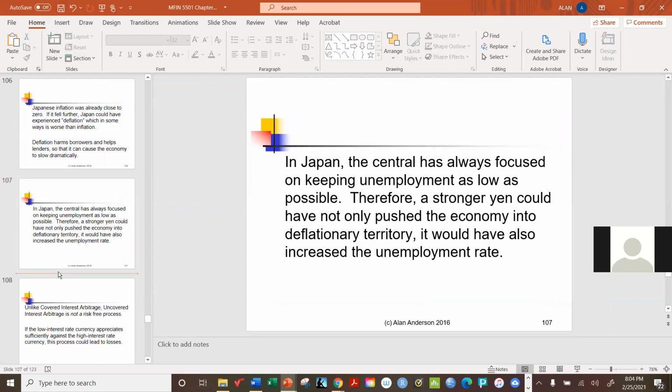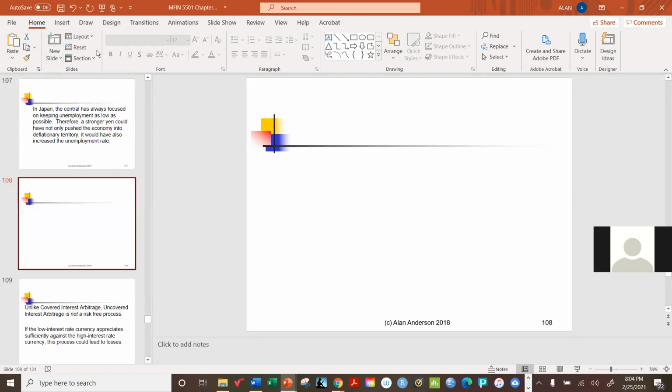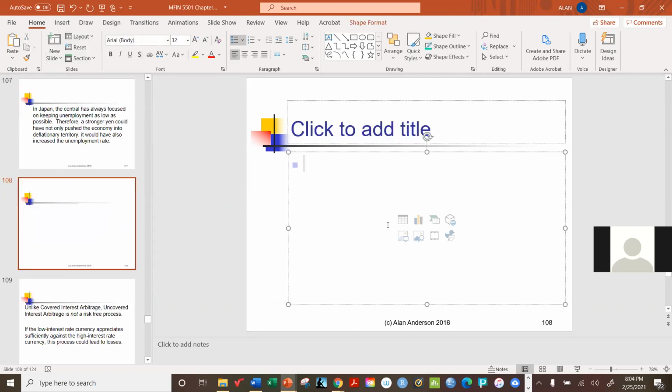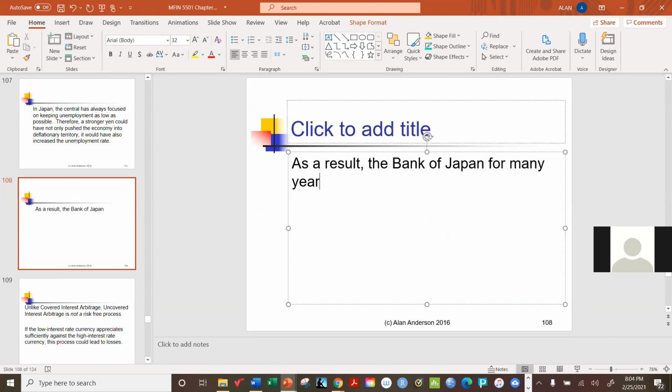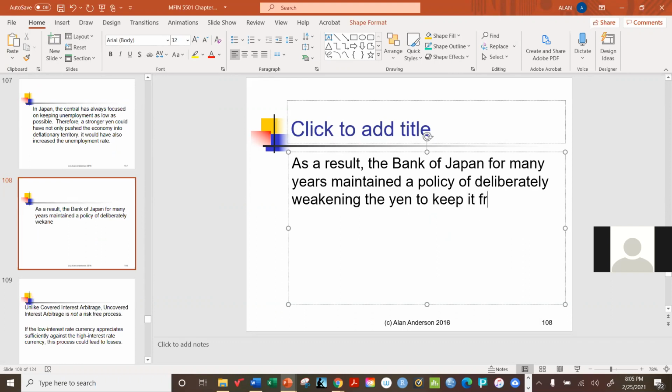So what that meant was, as a result, the Bank of Japan, for many years, maintained a policy of deliberately weakening the yen to keep it from getting too strong.